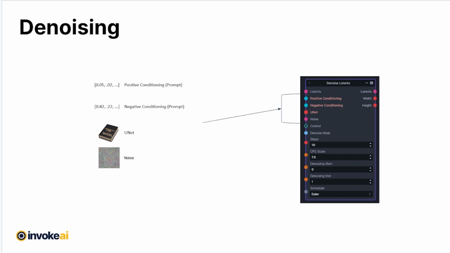And for this video, we'll just focus on understanding the basics or the required inputs, which are the positive conditioning, the negative conditioning. And again, both of those are just prompts. Our UNet, which are the model weights. And again, that's just coming from the main model that you've loaded up. And lastly, the noise, which for the sake of technical accuracy is turned into a latent representation of noise when we use the noise node.